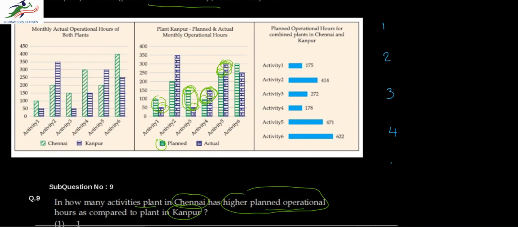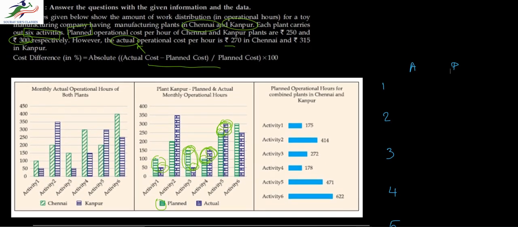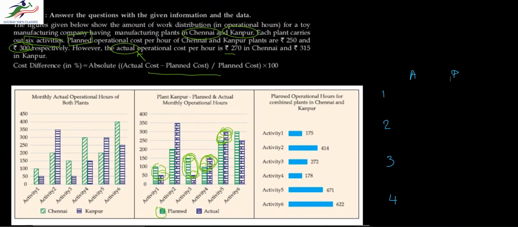Now we have to calculate the cost difference, means we have to calculate the actual and planned costs, and the values for the per hour planned cost for Chennai are given as 250 for planned and 270 for actual.